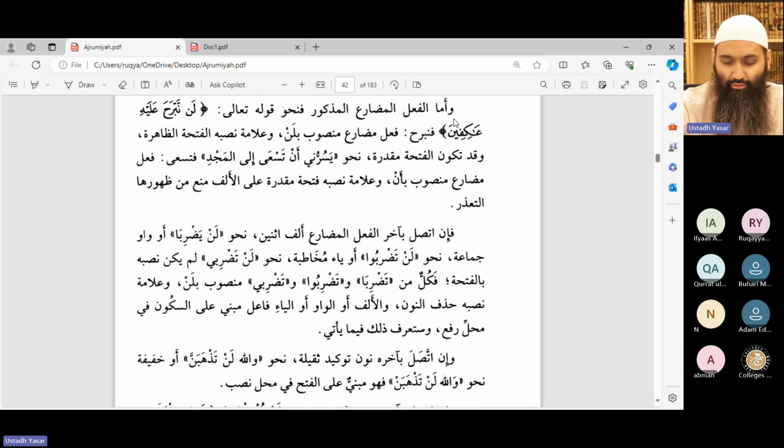So this is now the speech of the Sharih, not the Musannif, who is Ibn Ājurrumiyyah, rahimahullah, but the explainer, Sheikh Muhammad Muhyiddin Abdul Hamid, rahimahullah, in Al-Tuhfah Al-Sanniyyah.